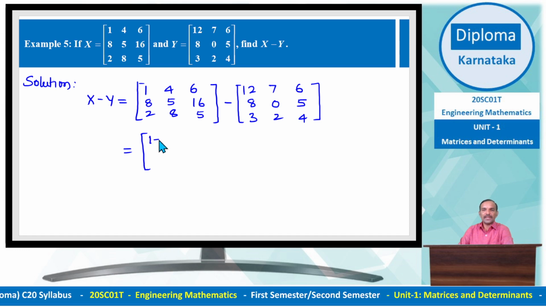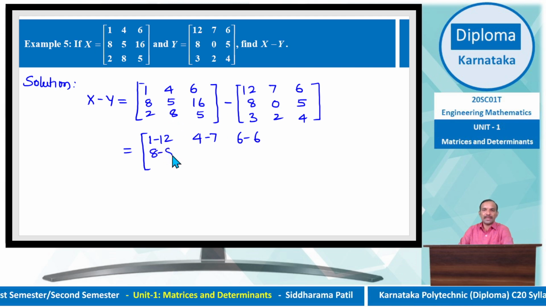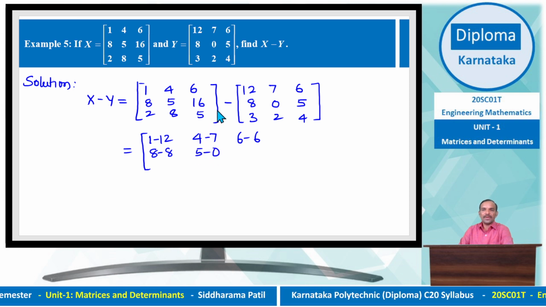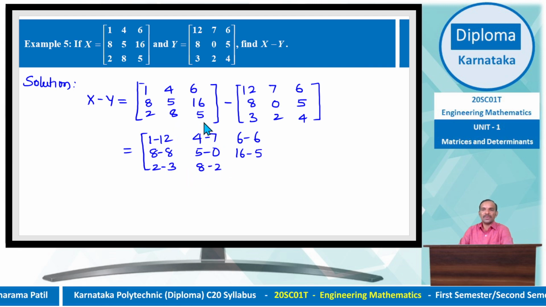First 1 minus 12, 4 minus 7, 6 minus 6, next 8 minus 8, 5 minus 0, 16 minus 5, 2 minus 3, 8 minus 2, 5 minus 4.